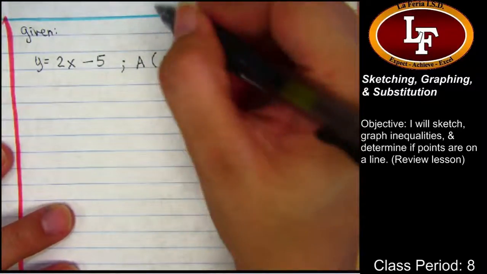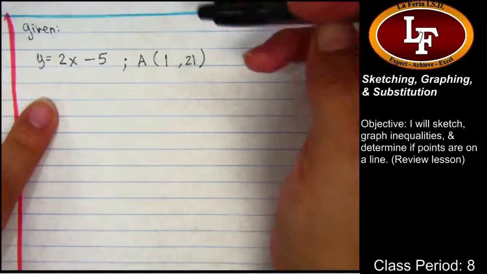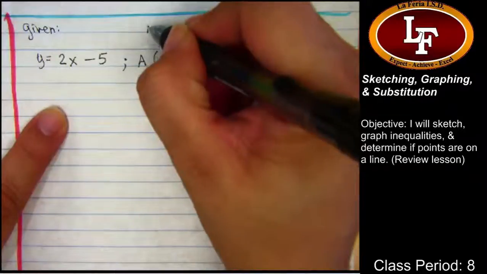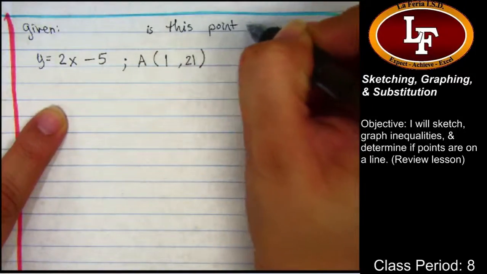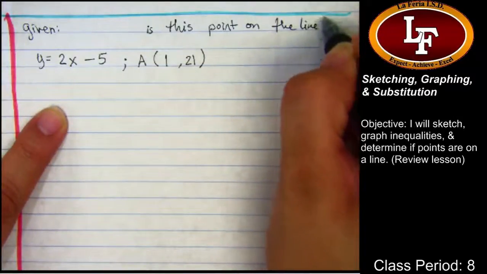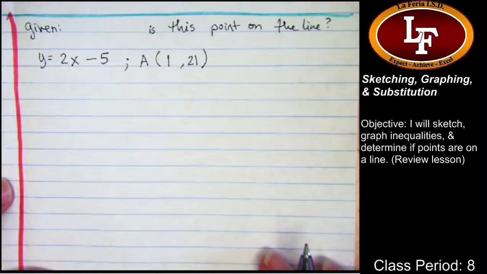All right. So given some equation of a line, they want to know, is this point on the line? And the answer is a yes or no. But this is how you tell.